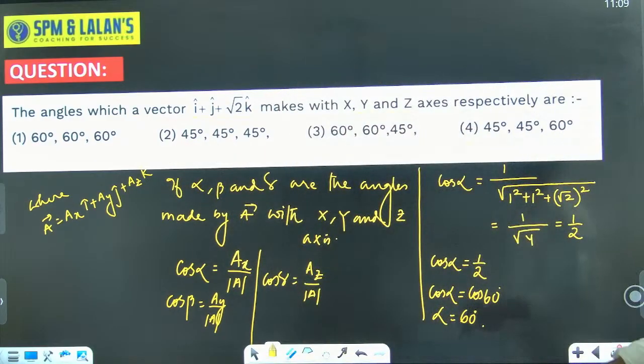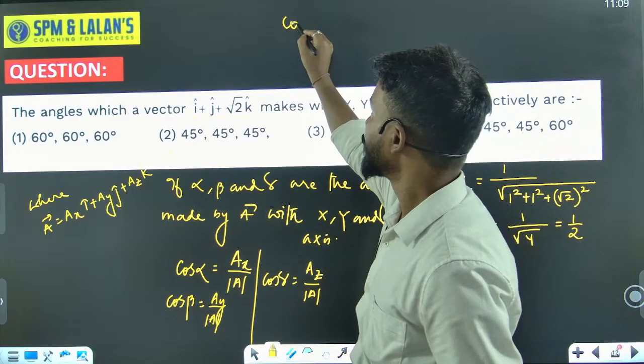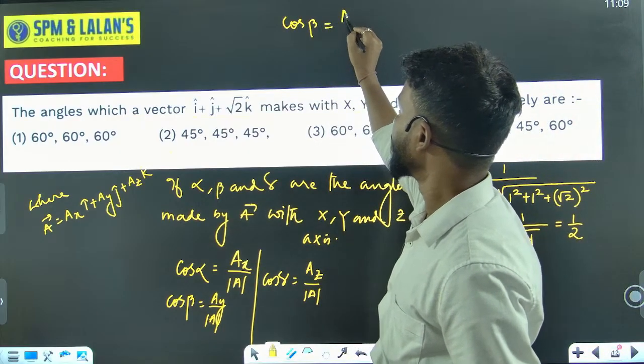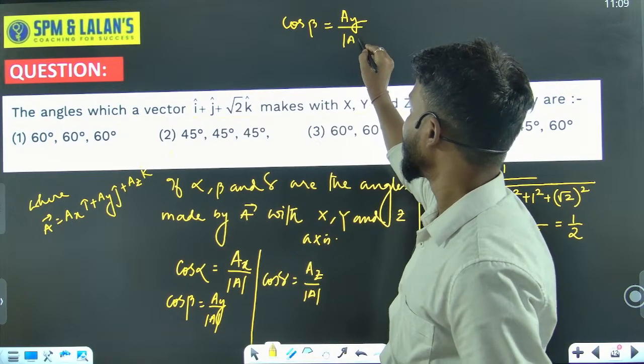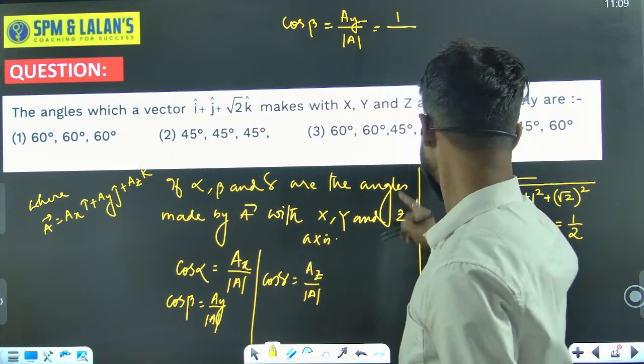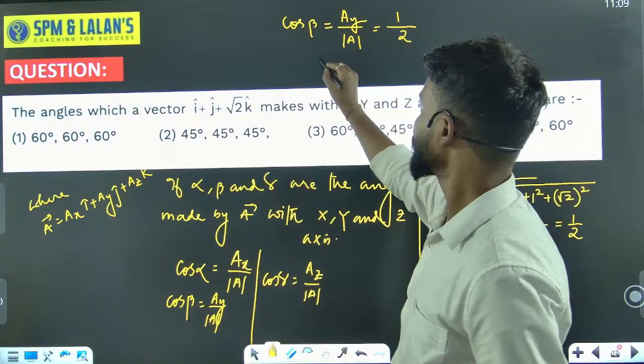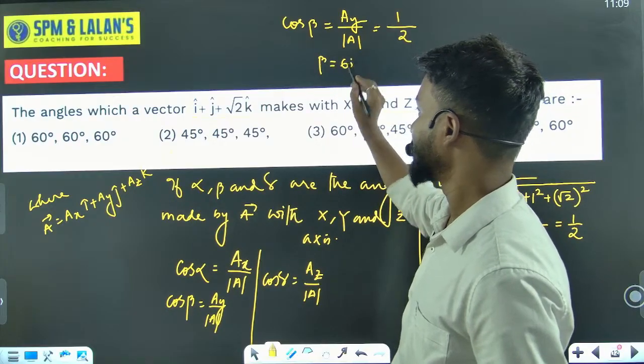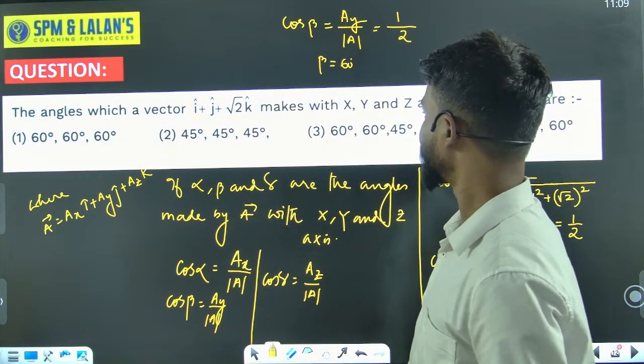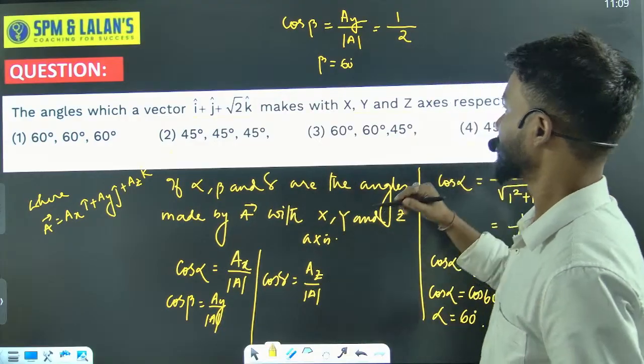Next, cos beta is also ay upon the magnitude of A. Ay is 1 and the magnitude we got is 2. So beta is also 60 degrees. So answer will be either 1 or 3.